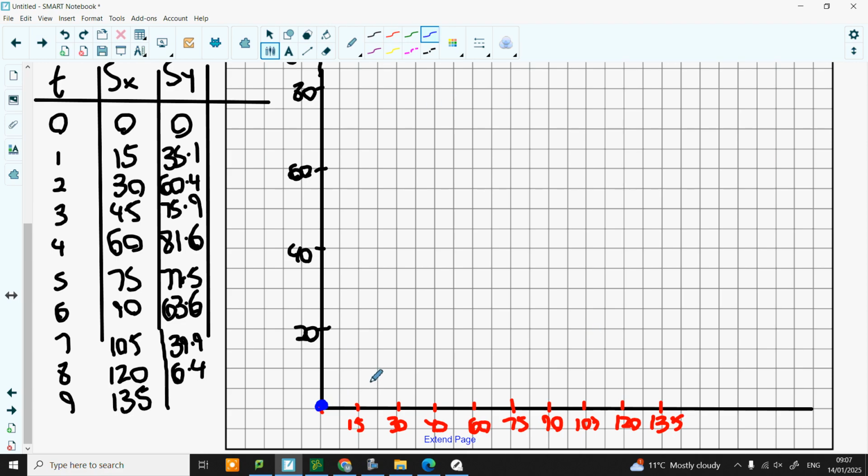All right, let's go again. 0, 0, yeah? 15 and what? So 25, 30, 35, yeah. Next one. 60.4, so just a smidge above 60, yeah? After that, 45. So just go for 75 there, yeah. 60. So just a smidge over 81, yeah.